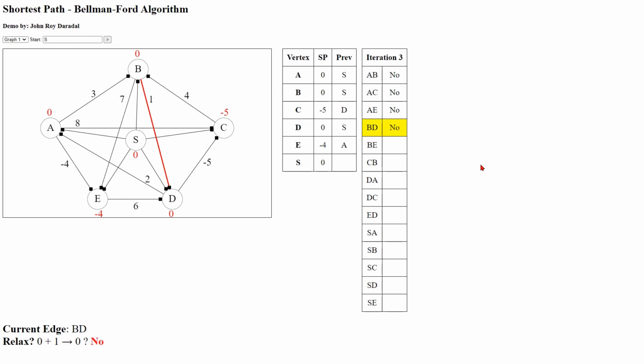BD, no. BE, 7 better than negative 4? No. How about this one? Negative 5 plus 4. This would be negative 1, right? So that is better than 0. So we will actually relax CB. So B becomes negative 1, previous of C. DA, no. DC, still the same.